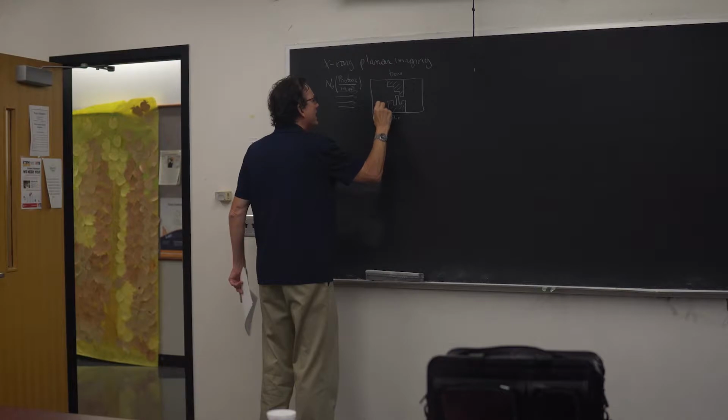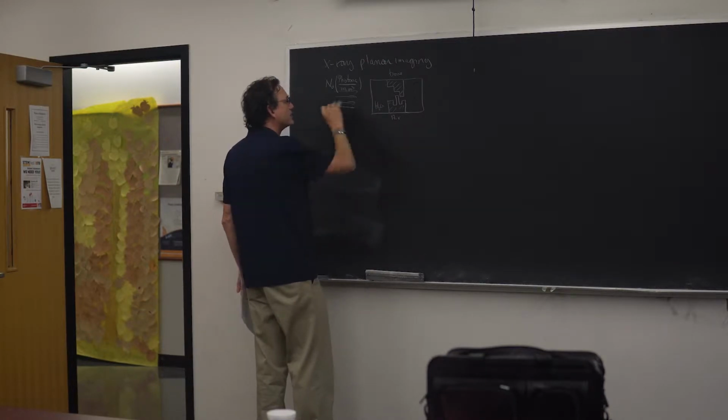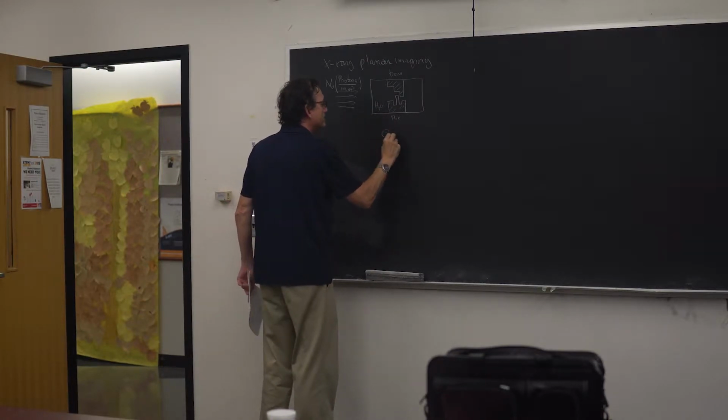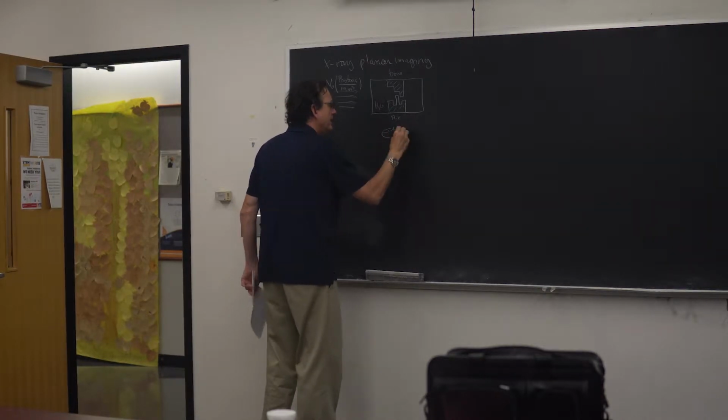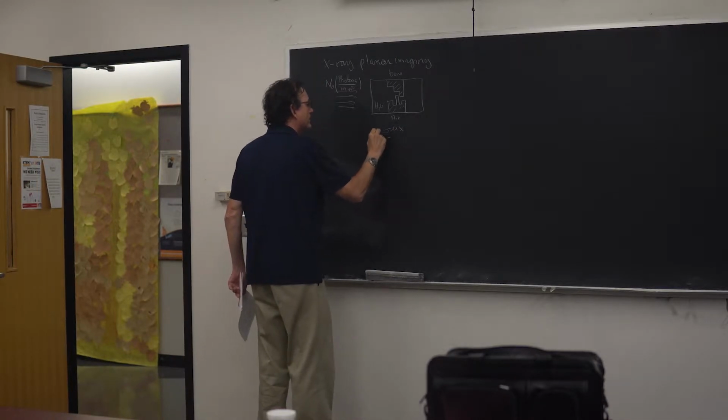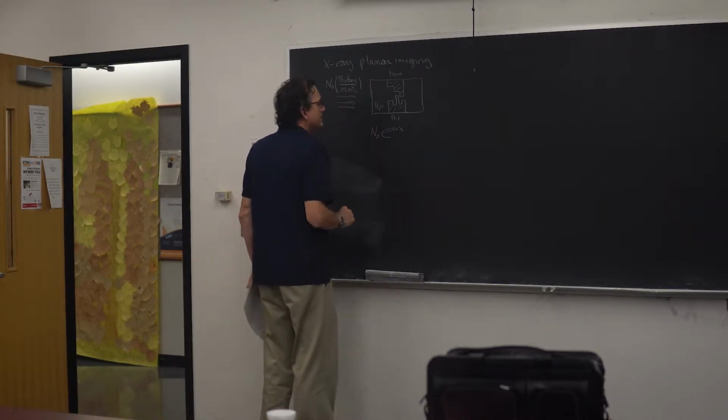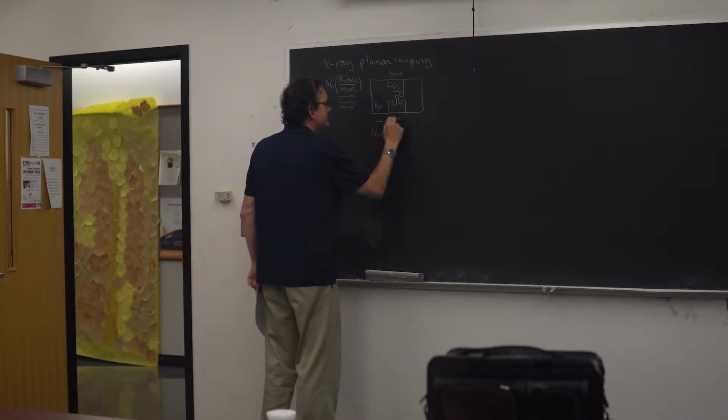The X-rays get attenuated with a certain rate given by the linear absorption coefficient, e to the minus mu x, and therefore the number remaining, after traversing a distance x, is going to be given by this.